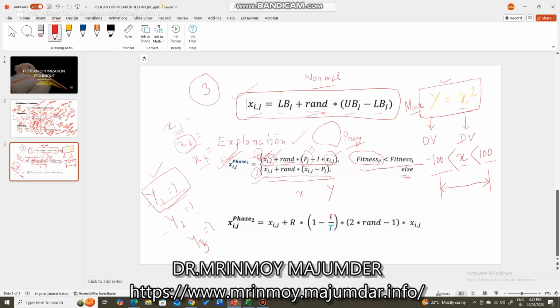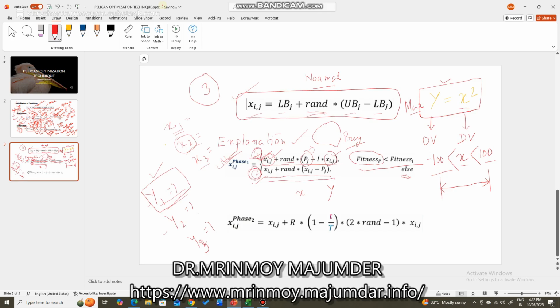I will not say that the old value of x will remain. You will use the value of x generated by the second equation. If there is a new value of x, that means you have used the first equation. If there is an old value of x, that means you have used the second equation.